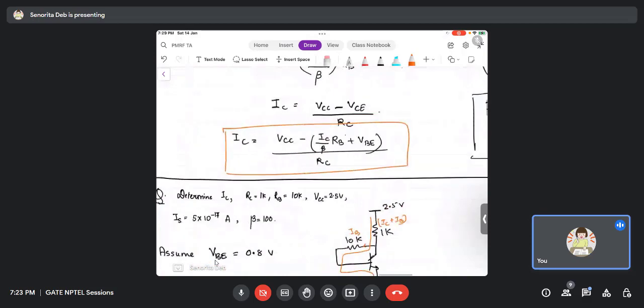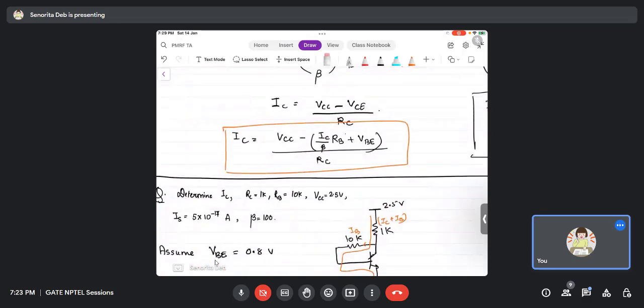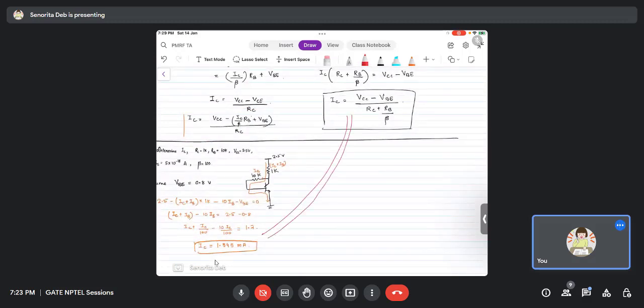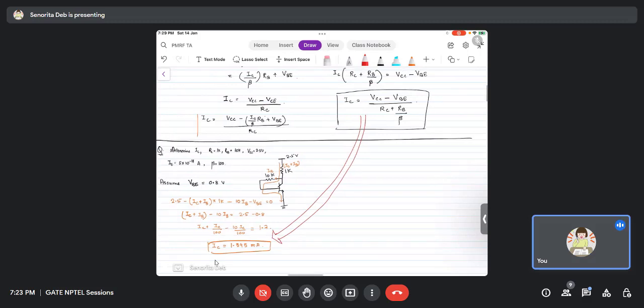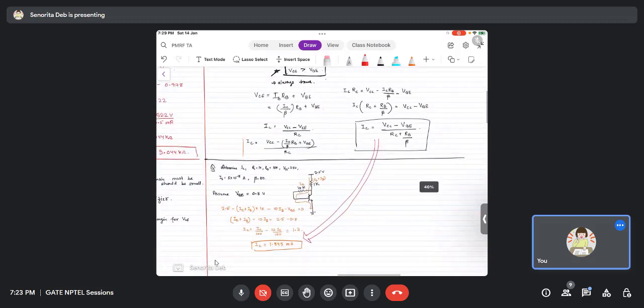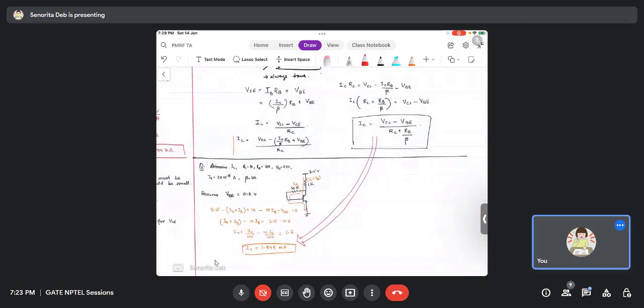Oh, this is also wrong, whatever I have written. So yeah, this is the formula it should translate to, not this one. You can directly use it also. If you put the values of RC, RB there, you will directly find the value.